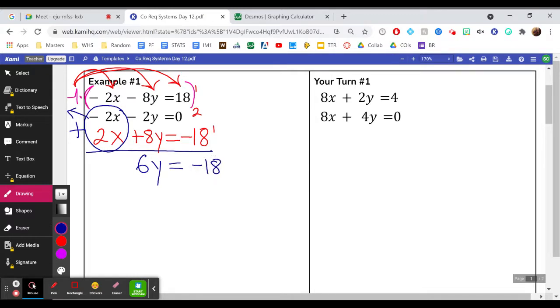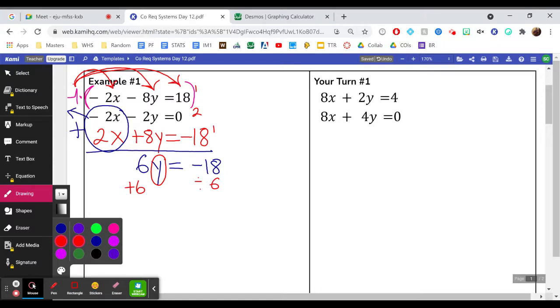All right, so at this point, I want y to be by itself. And it's not by itself, it has a 6. So I need to get rid of that number. In order to eliminate that, I am going to divide both sides by 6.